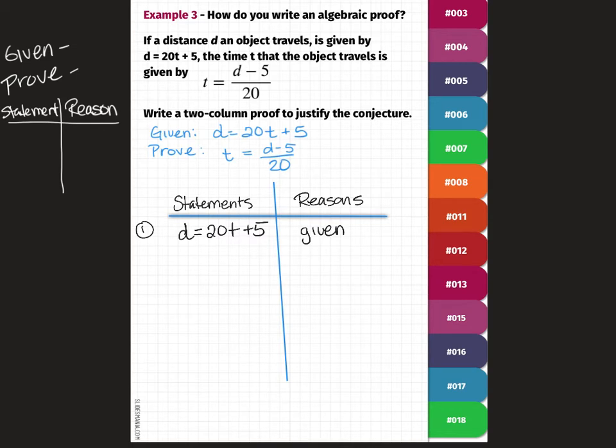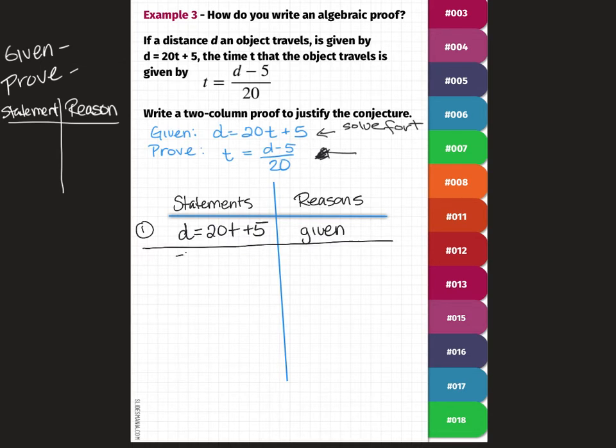Now, what can we do with this? And I like to put a line afterwards. Well, I know that my goal is to get t is equal to d minus 5 over 20. So that means I need to solve this for t. And that's what I'm going to do.